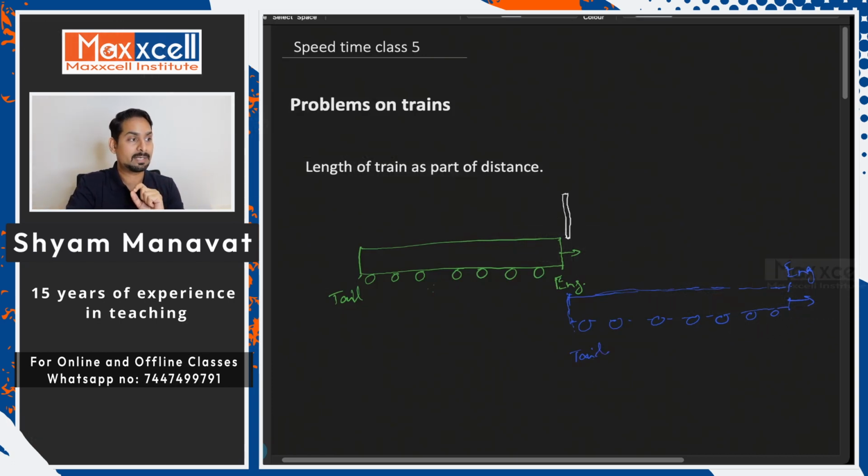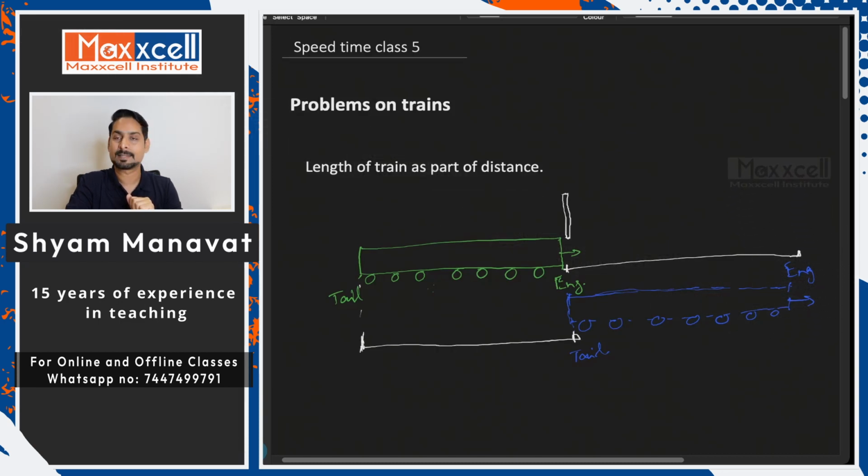In both cases, pay attention here: whether you look at the engine side, where the engine was here and now is here, or the tail side, where the tail was here and now is here, to cross a stationary, thin object like a pole, the train has to travel the length of itself.